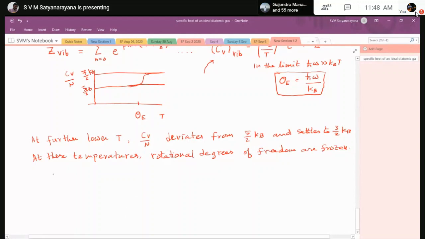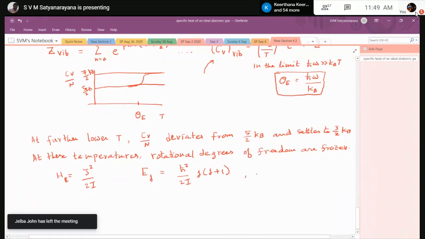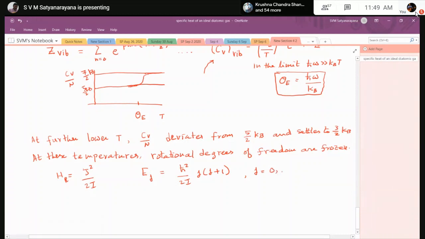Okay, so we have our Hamiltonian for the rotational part, given by J square by 2I. This is the free Hamiltonian, and the energy levels will depend upon j, given by h bar square by 2I into j(j plus 1), and this j will go from 0, 1, and so on.